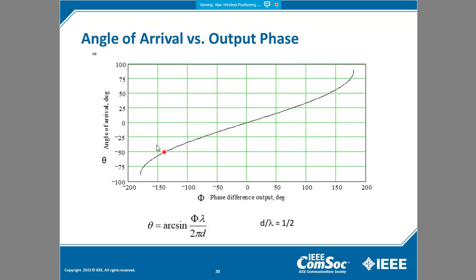If we know the output angle, we can determine the angle of arrival within approximately, depending on the accuracy required, something like plus or minus 100 degrees.